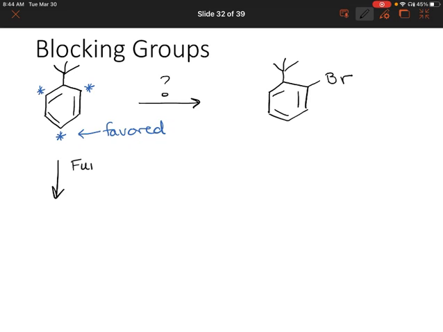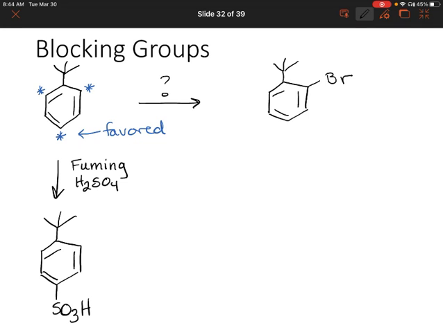So remember, we use fuming sulfuric acid. Now again, it's only going to add to the para position because it is so bulky, and we already have a pretty bulky group up above, so it won't add to that ortho position.